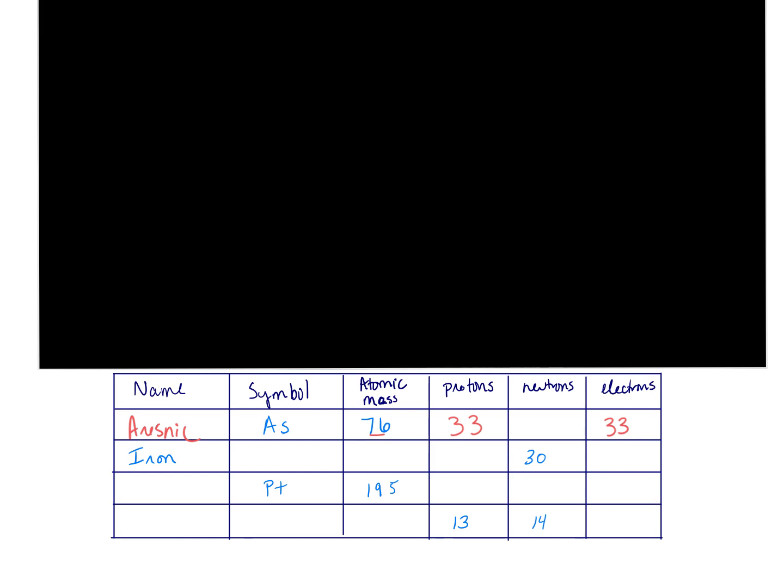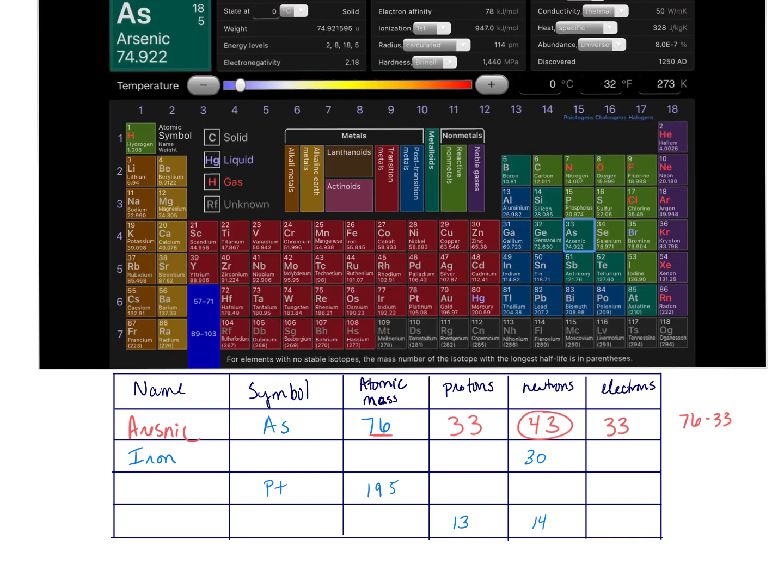So we use that. And so instead of using 75, we use 76 minus 33. And that will give us 43. So that's where that number comes from. It's the 76 minus the 33. Okay. I hope that one made sense.